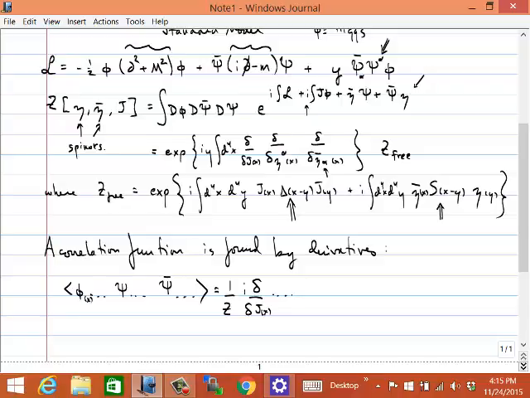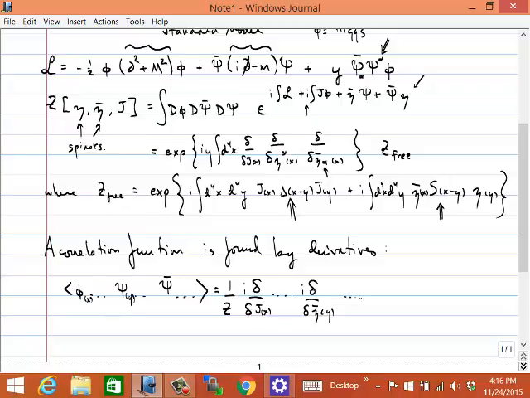And then you would need to take a derivative with respect to eta bar to pull down a factor of psi. So if we wanted to insert that at point y, we would insert a factor of d by d eta bar.